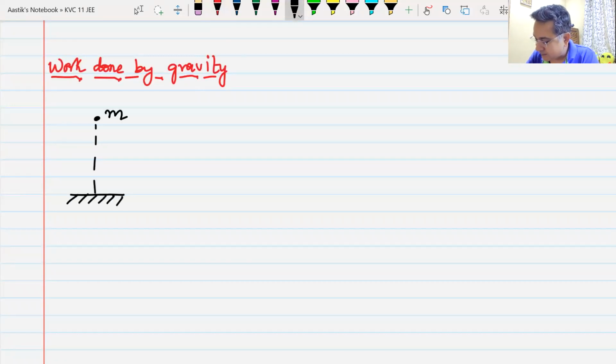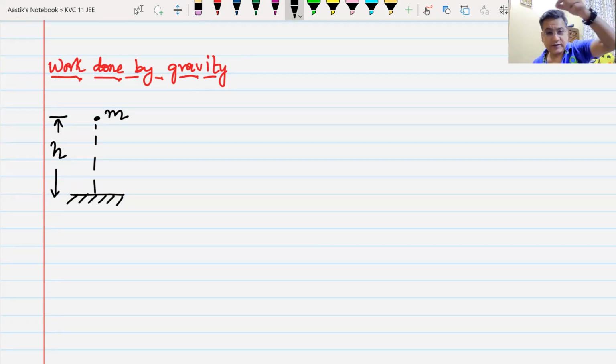A body of mass m is here. It is at a height h. If I drop it, what happens to this body? If I leave it, what happens to this body? It will fall down, sir.